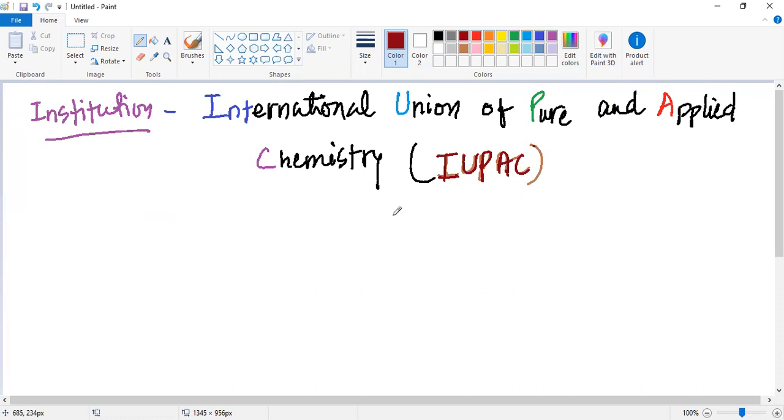IUPAC determines the names of newly invented compounds and gives a systematic approach for nomenclature.